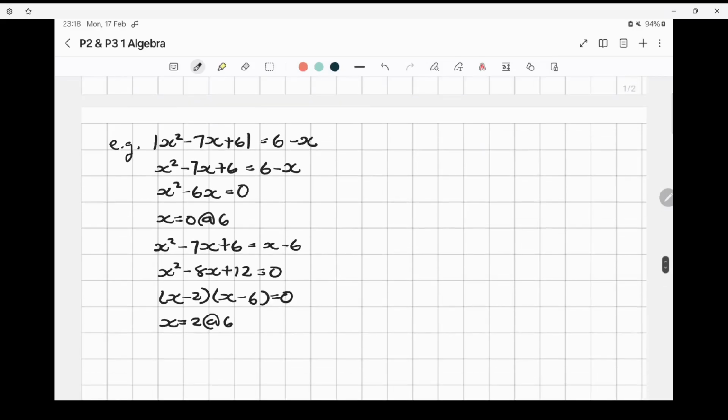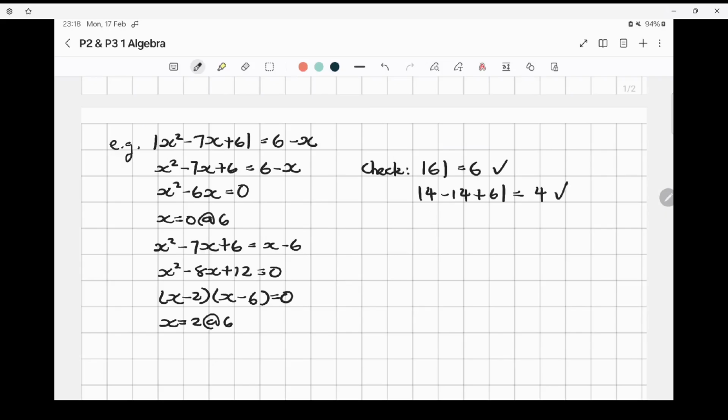So now let's test for the solutions. If x equals 0, you get modulus of 6 equals 6. This is true. If x equals 2, you get 4 minus 14 plus 6 equals 6 minus 2, which is 4. Yeah, this is true.